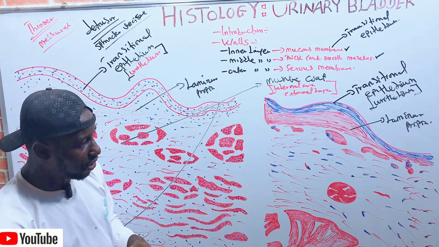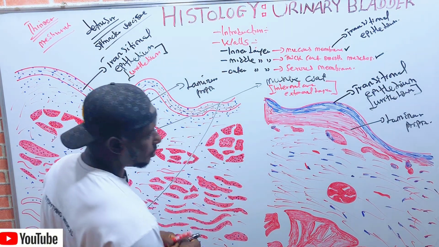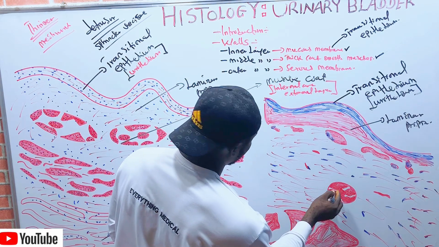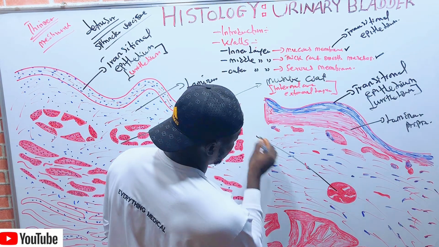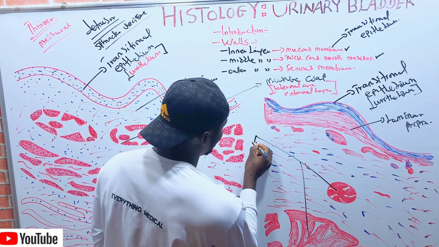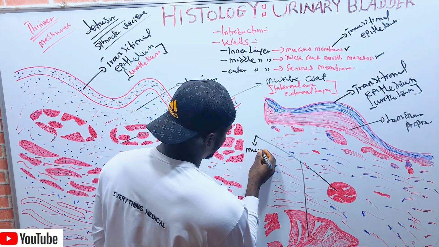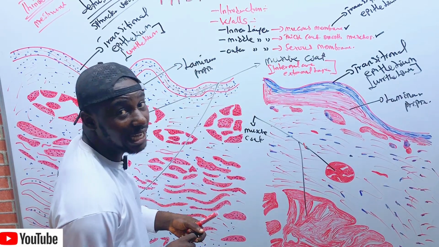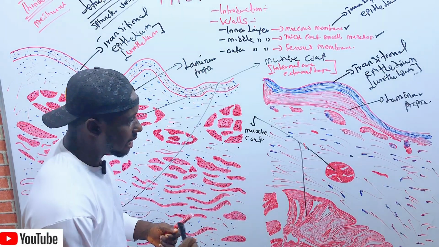That is micturition. Okay? Same thing is applicable to this diagram. Here and here form the muscle coat. The internal and its external layer.